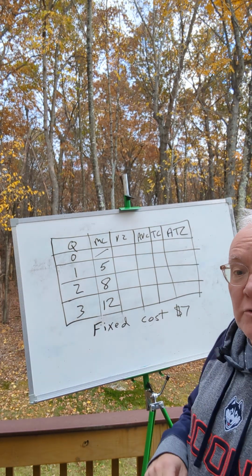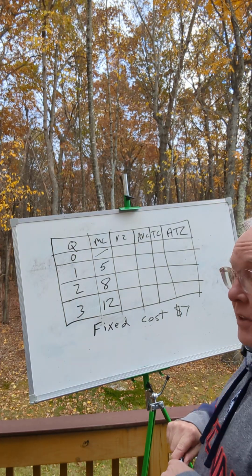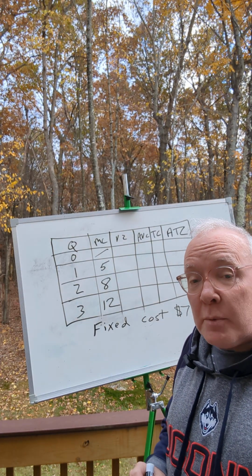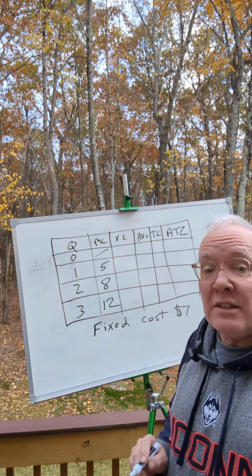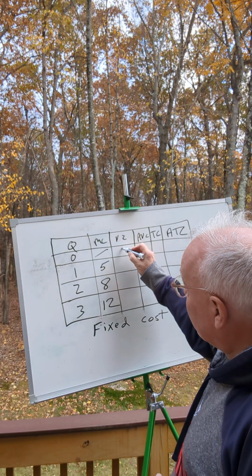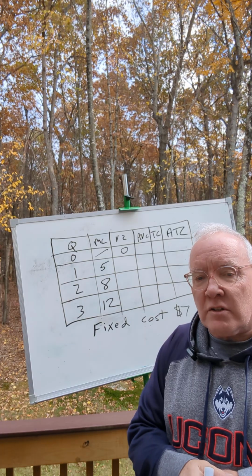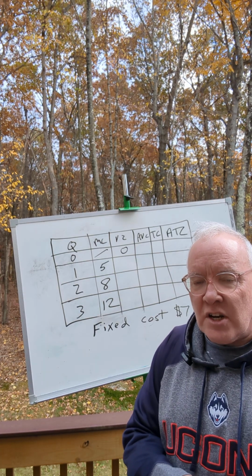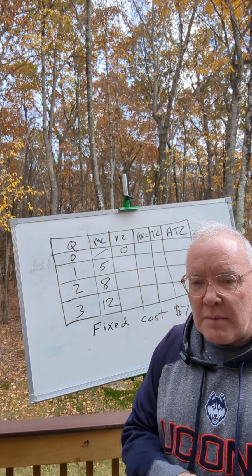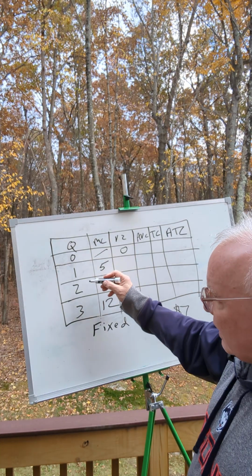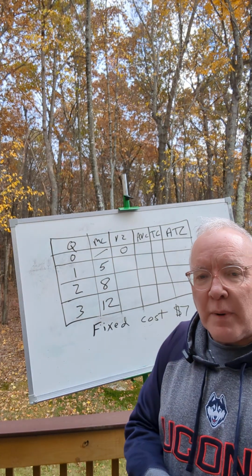So VC stands for variable cost. And one thing we know is that variable cost at quantity 0 is always 0. So we can fill in this. And we also know that marginal cost equals the change in variable cost divided by the change in quantity. And we can see that our quantity is always going up by 1.